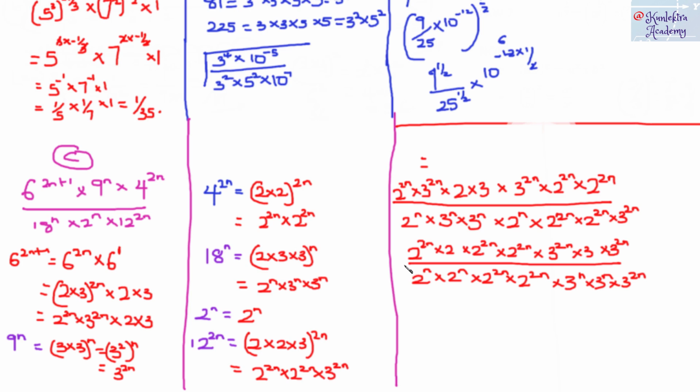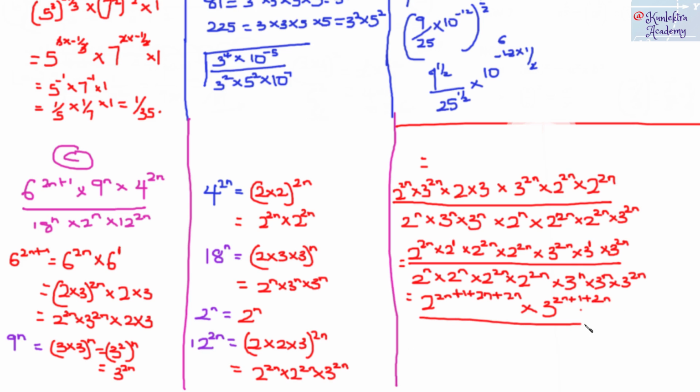Then you have 2 raised to power 2n, this 2 here is carrying 1, plus 1, plus 2n plus 2n again, times 3 raised to power 2n, this is carrying 1, 1 plus 1, plus 2n.